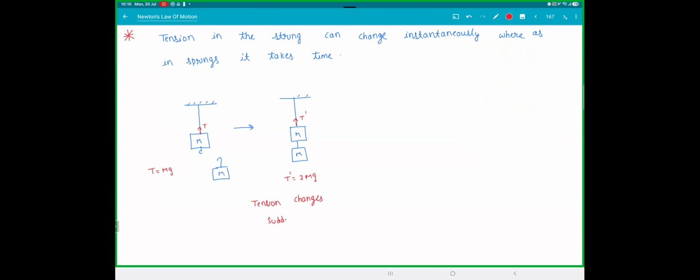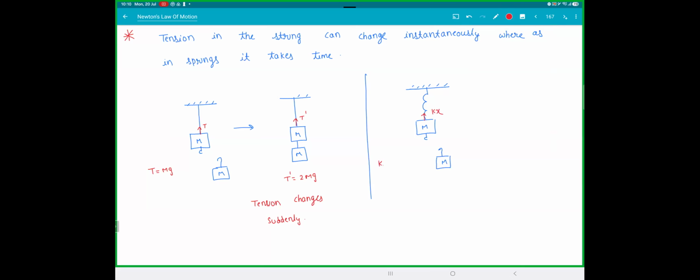But imagine you do the same thing with a spring. Let's say we keep a block here of mass m. So this is pulling with kx. That's your tension there.